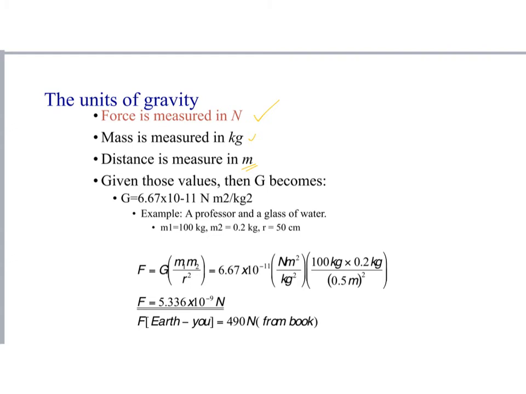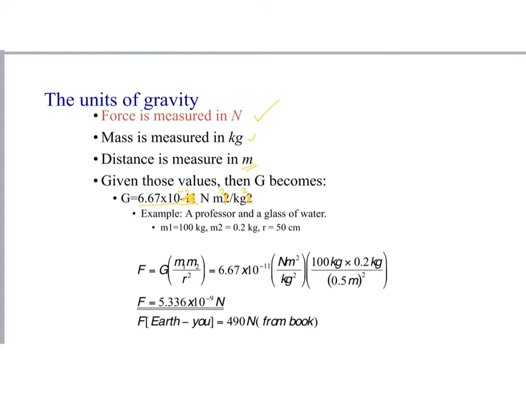If you calculate the universal gravitational constant, it has this value, 10 to the minus 11 is here, and we have meter squared and kilogram squared, right?